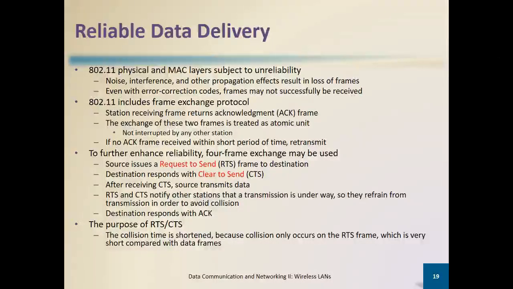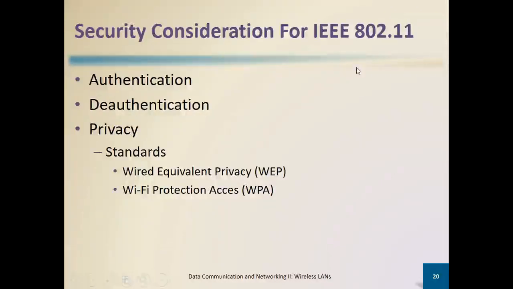After reliability, it obviously has to be security, and that's where we look at authentication, de-authentication, and privacy. So key security measures: authentication, and of course de-authentication as well, and then privacy standards are quite important over here. One standard is WEP, or Wired Equivalent Privacy, for Wi-Fi systems.